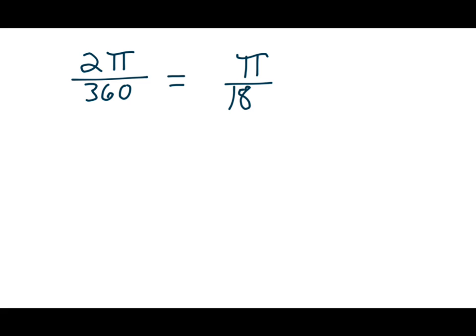So, if you know that there's 2 pi radians in 360 degrees, if you simplify that, that would give you pi over 180 radians to degrees. Okay? So, if you want to convert, you'd flip that to find the other one.